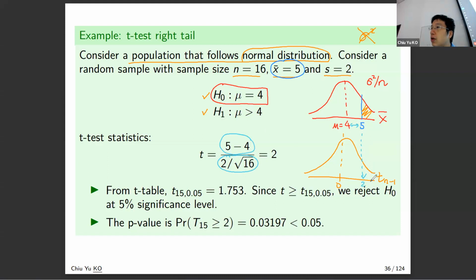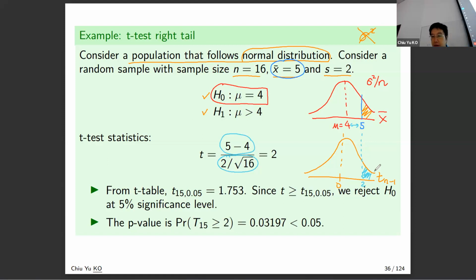We just need to check, is that area bigger than alpha or smaller than alpha? If smaller than alpha, reject. If not smaller, you don't. Of course, I say x bar is 5 in this question. If x bar is 3, then you go home, you don't need to do anything, right?